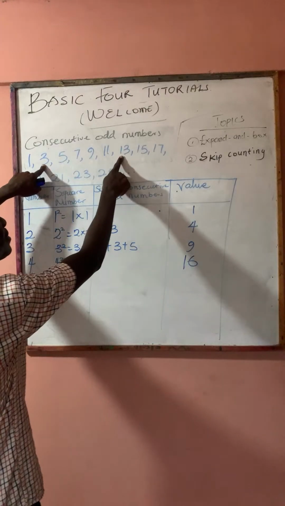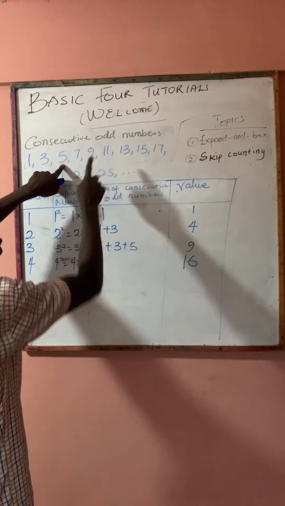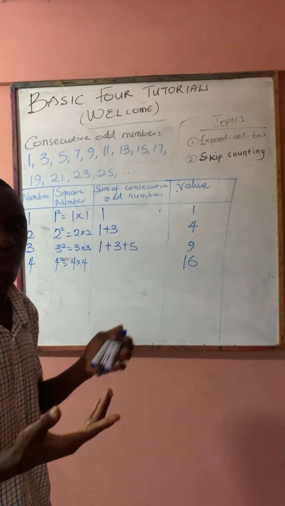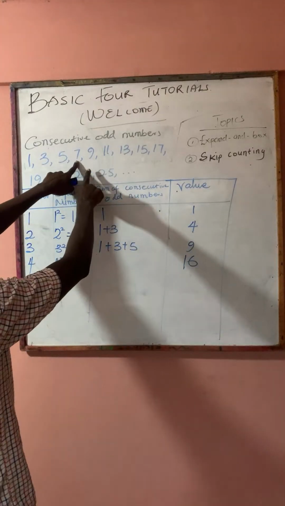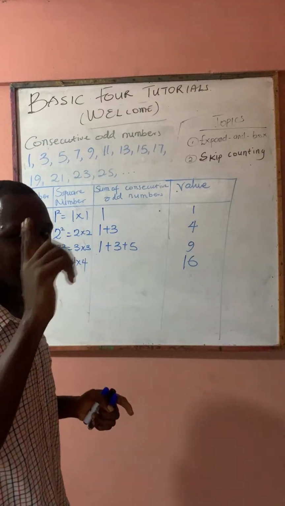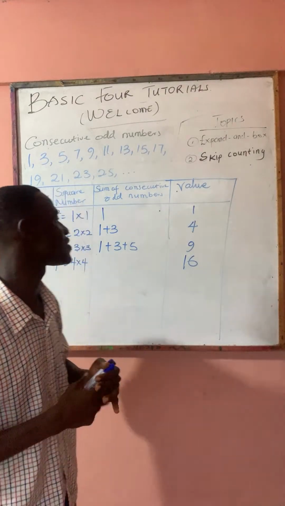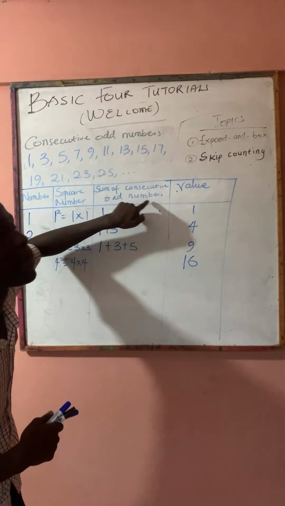So 3 plus 13 is 16. That is correct. 5 plus 11 is also 16. That is still correct, because they are all numbers that are being added. Alright, and as well, 7 plus 9 is also 16. That is very correct. But one thing we should take note of is the sum of consecutive odd numbers.